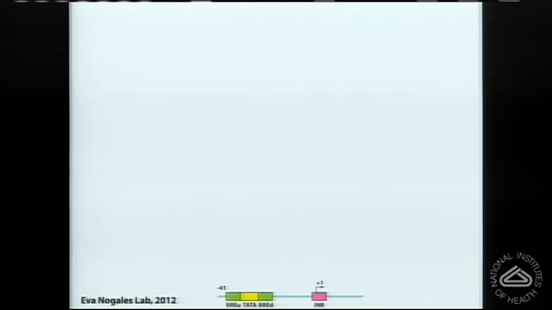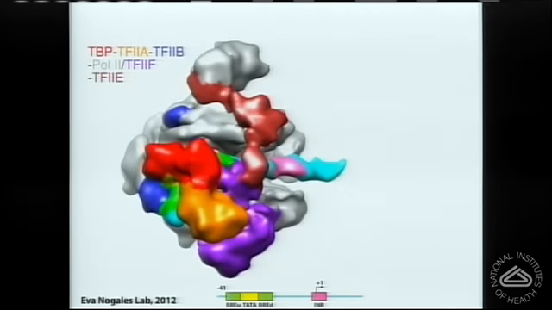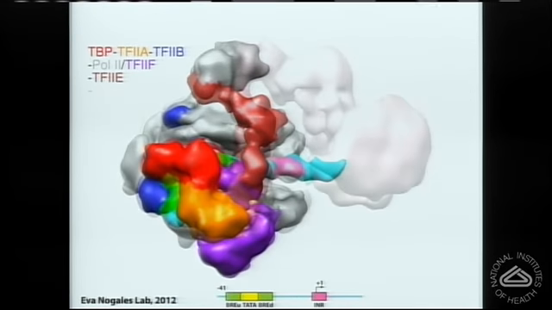I have just time to show you something else. So the structure of TFIIH that I showed you is the one that corresponds just to the core complex.